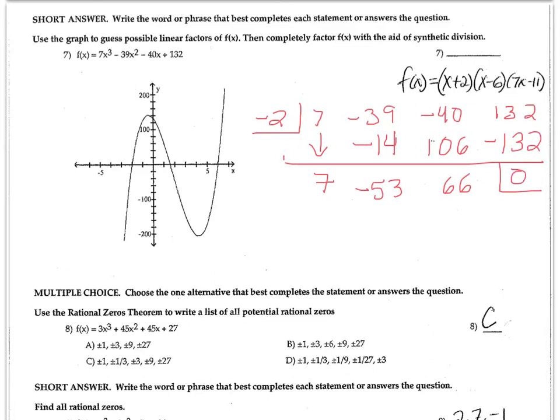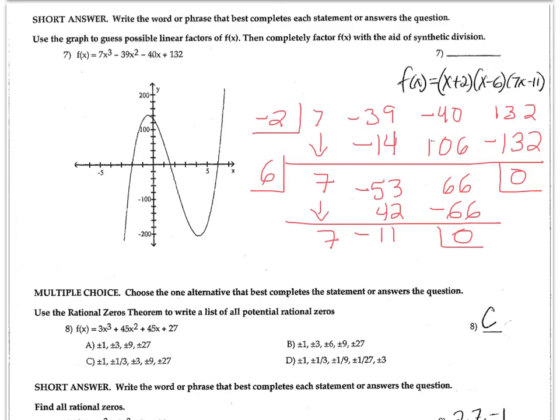Then from there, you keep dividing. You don't divide it separately. You keep dividing now by the second zero, which is 6. You bring the first number down, which is 7. Times 6 is 42. Combine it with the -53, it's -11. Times 6 is -66. And it was expected that the remainder was going to be 0.